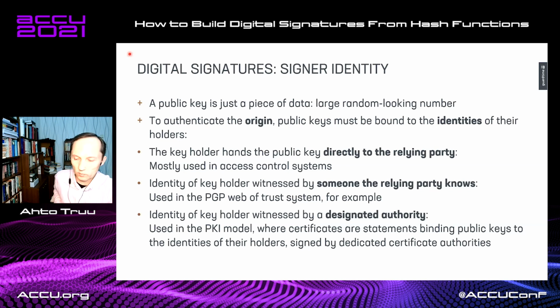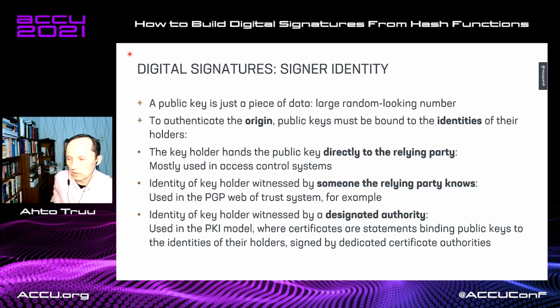So basically, if I want to be able to access a server, then I generate my private-public key pair. And then I personally hand my public key over to the administrator of the server, which then adds my public key into the list of authorized keys.